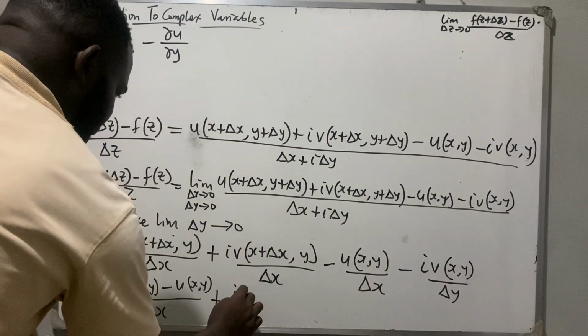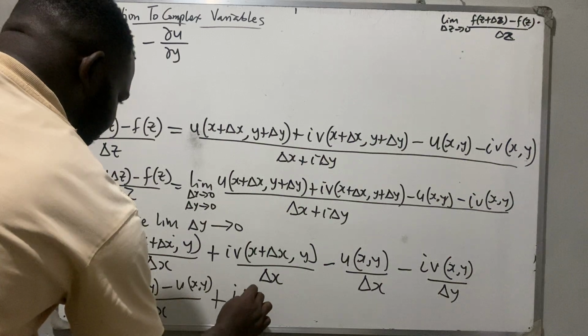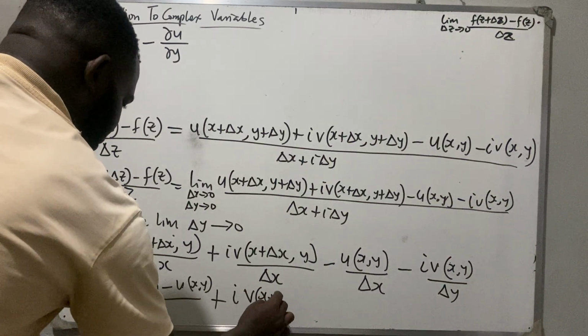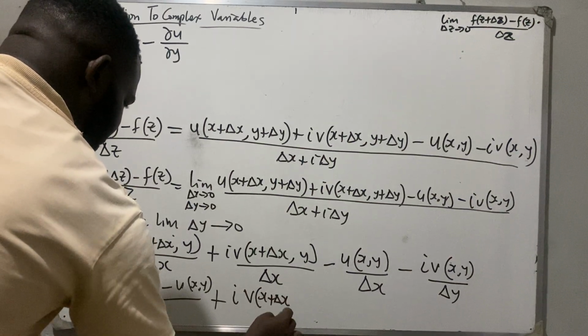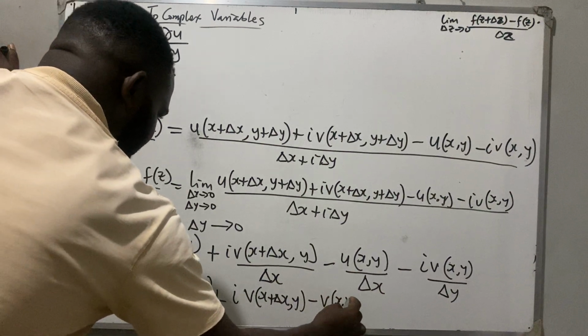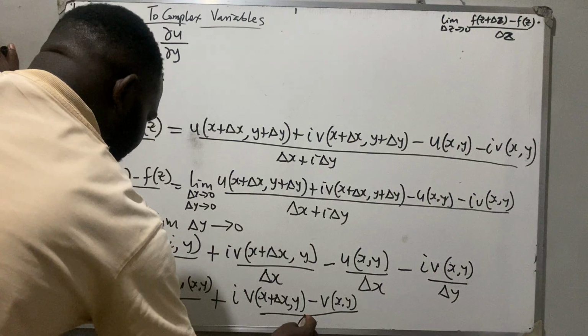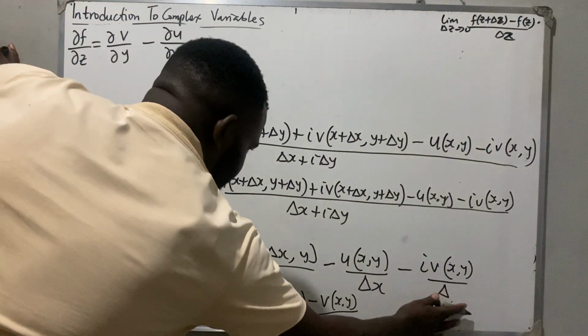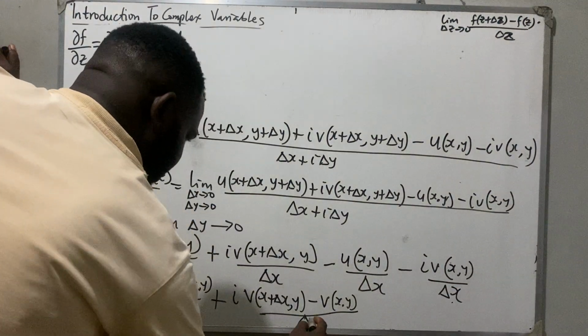They have i in common, so i will be outside. So I have v of x plus delta x comma y, then minus v of x comma y all over delta x. Sorry, not delta y, all over delta x.